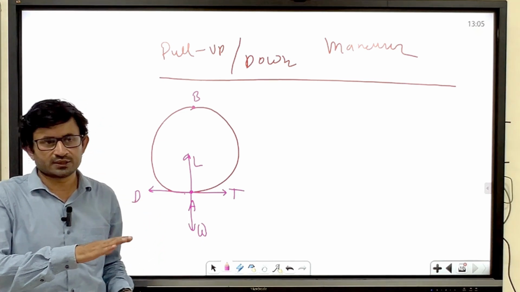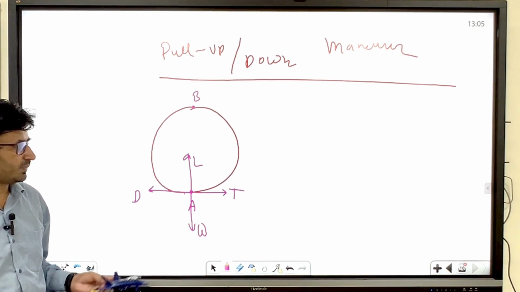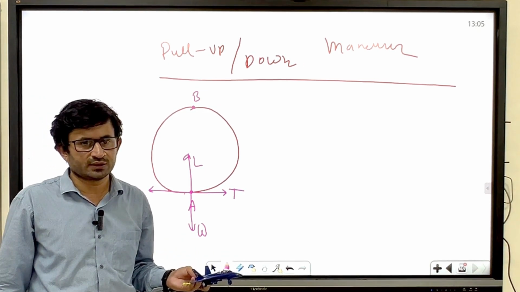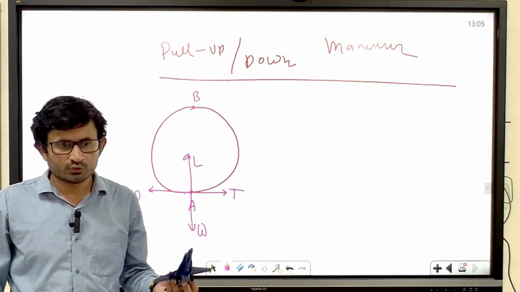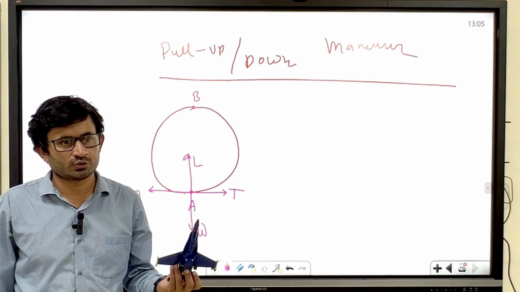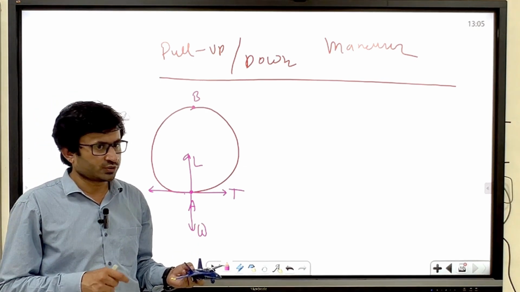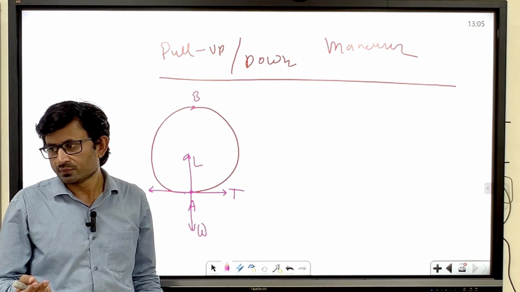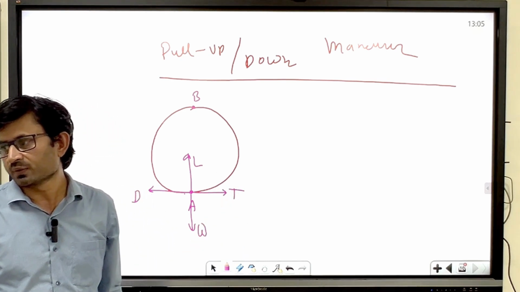Each instant, let's say for example, you put the throttle, you deflect the elevator, you had some gamma, again you deflect the elevator and put some other throttle setting, your gamma is changing. So here your gamma is changing from 0 to some degree, right? So continuously the flight path angle you are changing, and this is how you are performing the pull up.